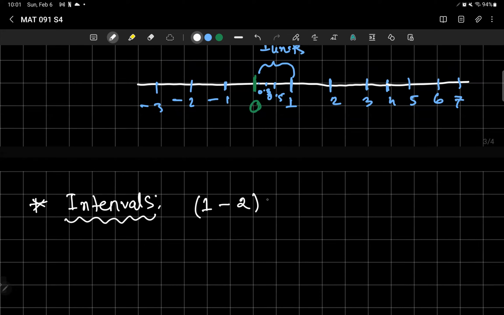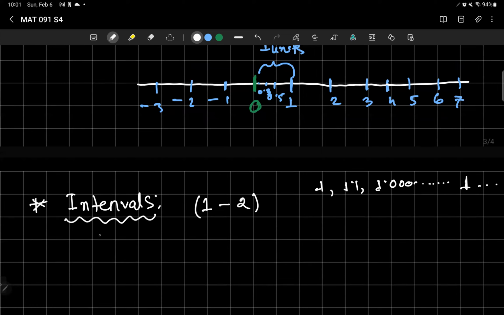How many numbers are there? Well, a lot, right? Because you can have 1, you can have 1.1, you can have 1.00001, and so on. So how do I express this?